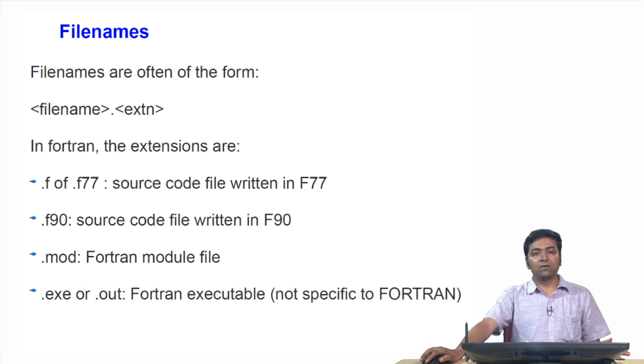Fortran also contains module files whose extension is .mod, and then the executable file which the computer uses to run the program. These typically have an extension of .exe or .out, and this is nothing specific to Fortran. Any executable generated by any compiler typically has these types of extensions.